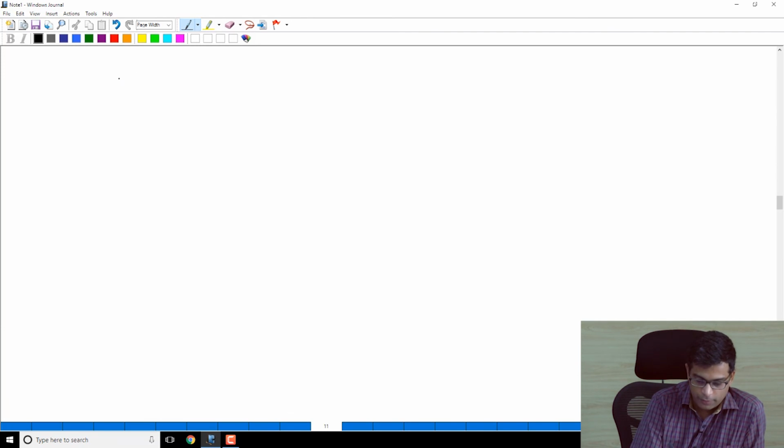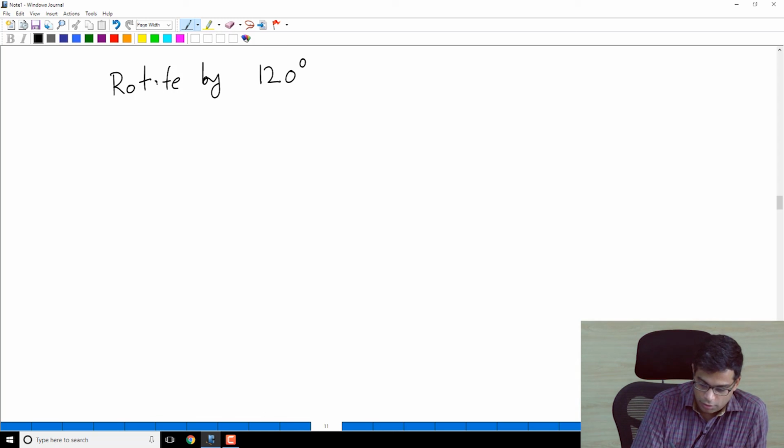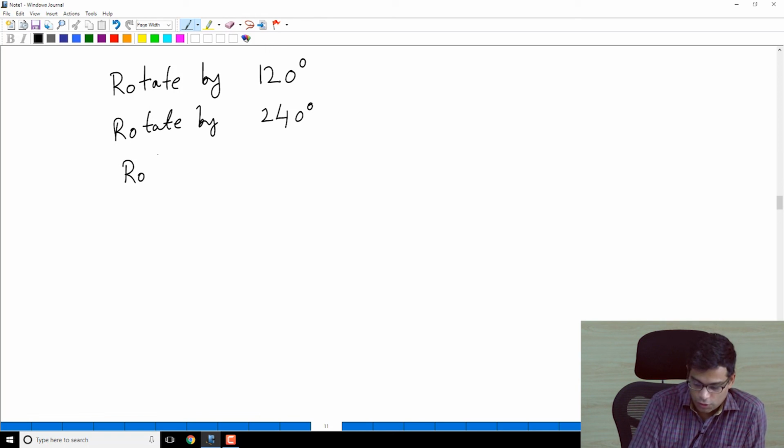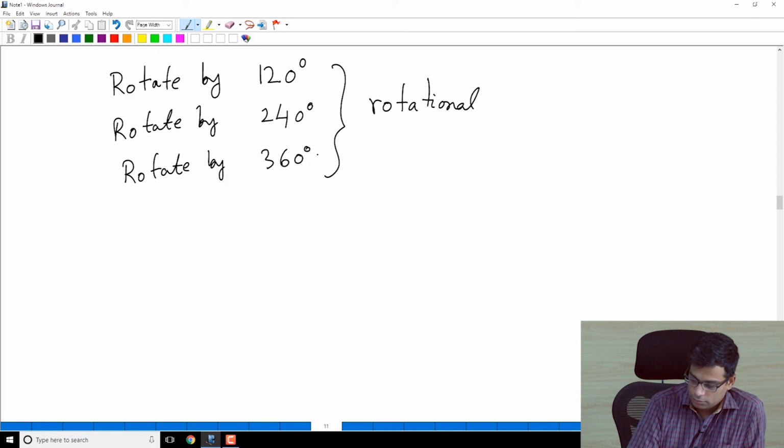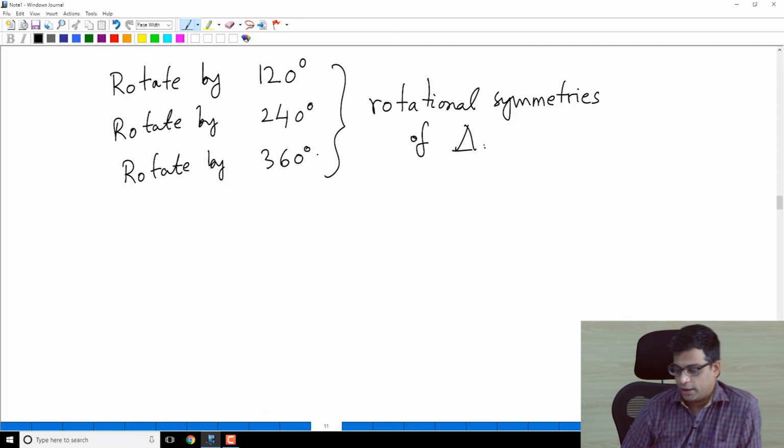But the following happens. If you rotate by 120 degrees or by 240 degrees, or of course you can also rotate by 360 degrees, which means we are not doing anything, these are the rotational symmetries of an equilateral triangle.